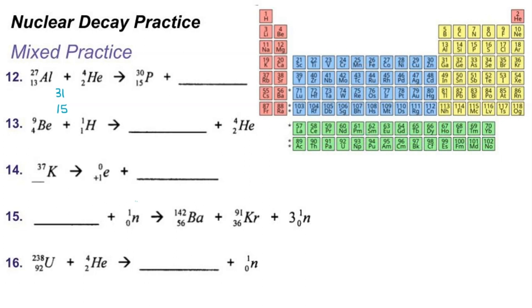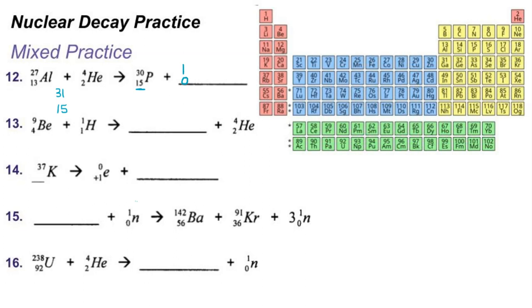Now we already have an atomic number of 15, so that means that the particle that we are adding in does not contribute to the atomic number, but it is going to contribute to the mass, because we need to go from 30 to 31. So we need 1 contribution to our mass, but something that does not affect the number of protons.